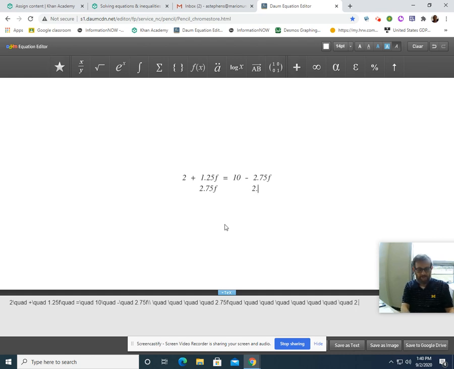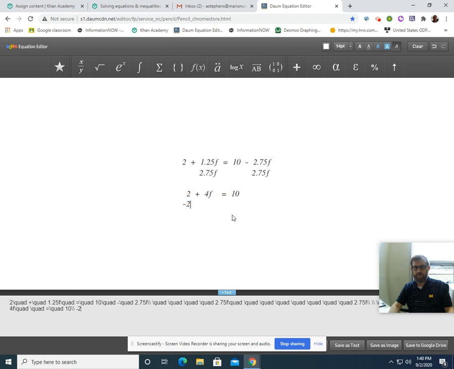Now there's other things I could have done. This was just my choice. And the reason I do that is because when I do, I get 2 plus. Now, this adds together to give me 4f. And then on the other side, these two add up to give me 0. Now, I'm going to add negative 2 to both sides.